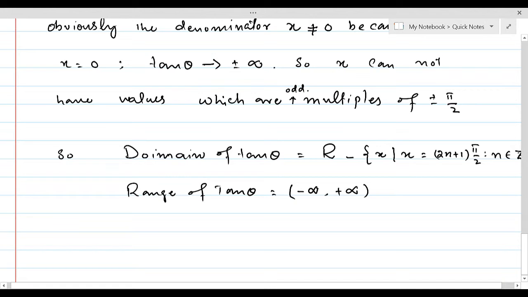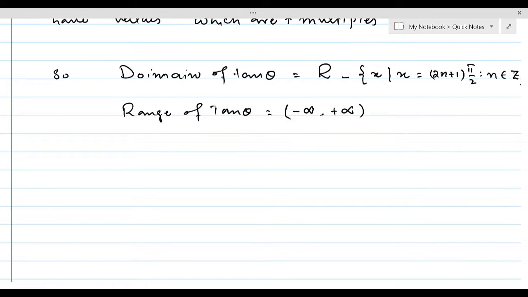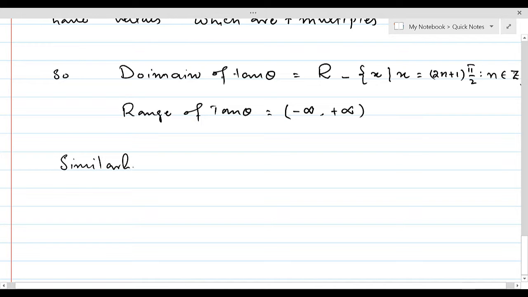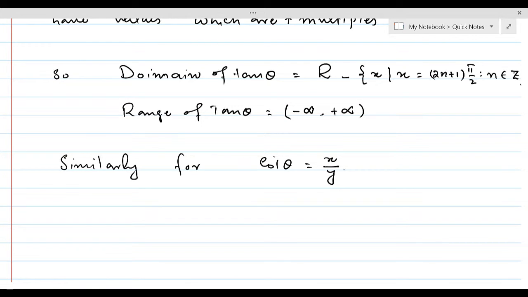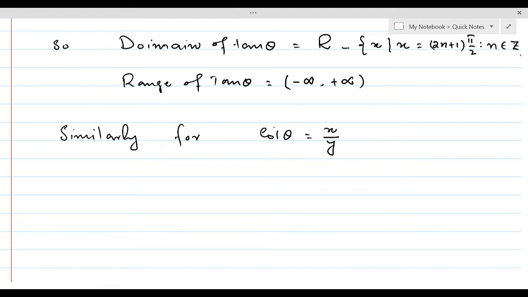And if we define the domain and range for the other counterpart, which is called cotangent theta, similarly for cotangent theta, which is equal to x over y, because it's simply the reciprocal of tan theta. Now cot theta cannot have the value of y which gives cot theta equal to infinity.